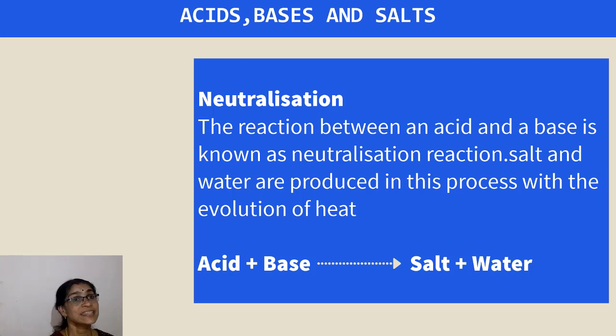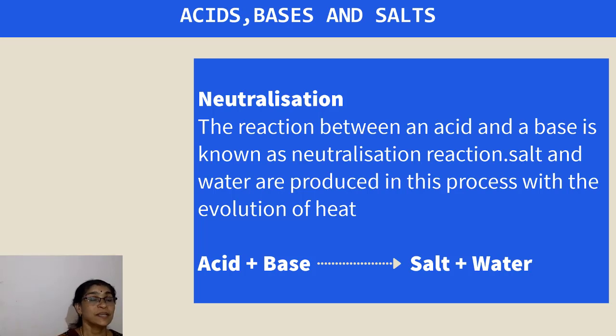Then what is neutralization? The reaction between an acid and a base is called neutralization. When we mix an acid with a base in a specific amount, it produces a new substance that is called salt.